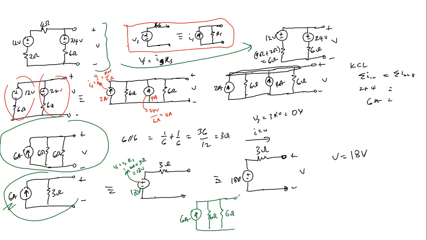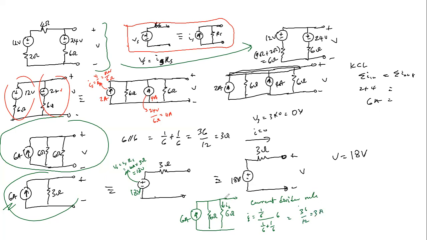Now, by current divider rule, I prefer to use the standard approach rather than the short formula. It's 1 over 6. That's the current flowing through this, and so this is I6. So I6 is 1 over 6 divided by 1 over 6 plus 1 over 6, times 6 ampere. So that's going to give us 36 divided by 12, which is 3 ampere.